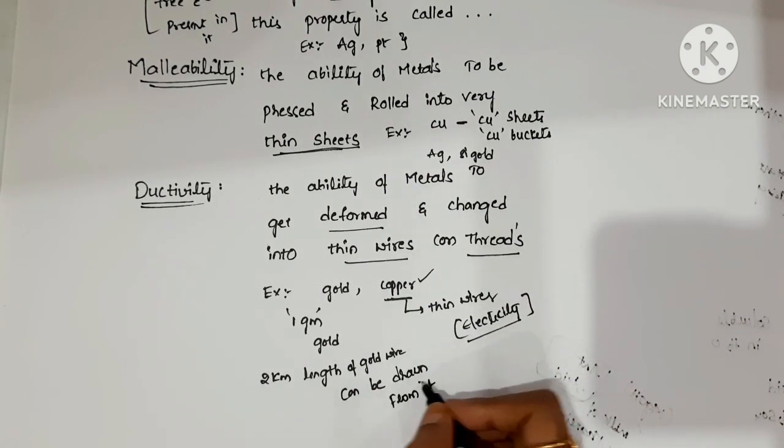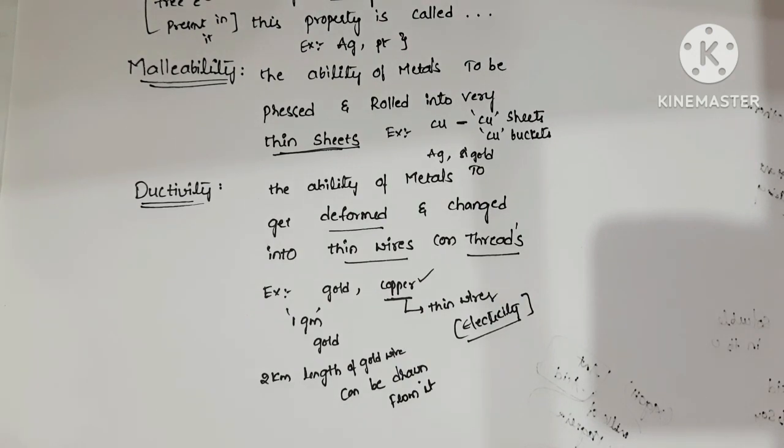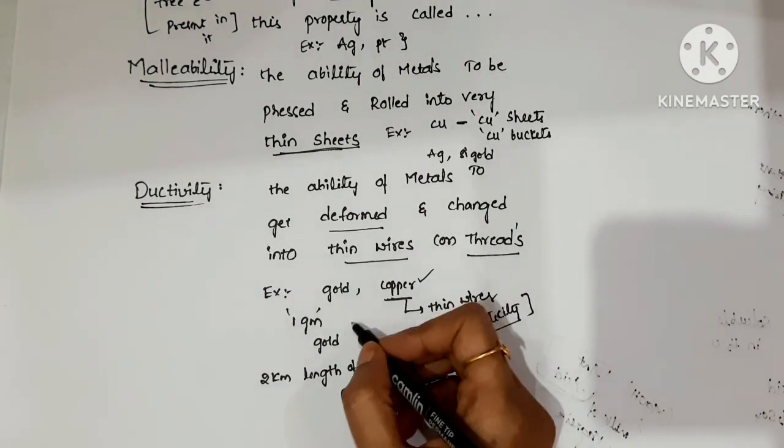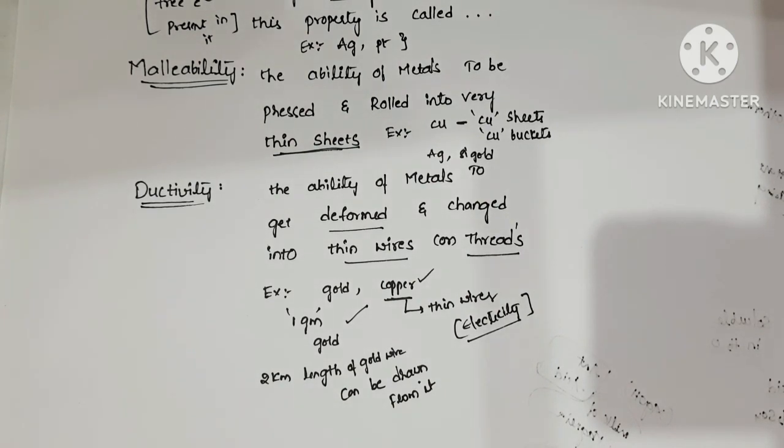So you can imagine how much gold is present in 1 gram of gold.